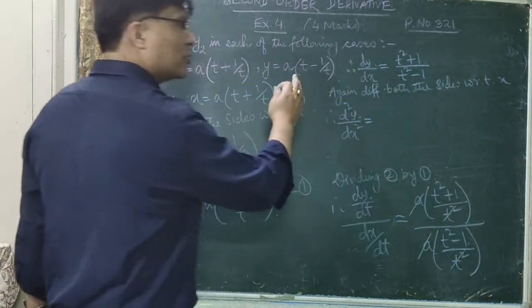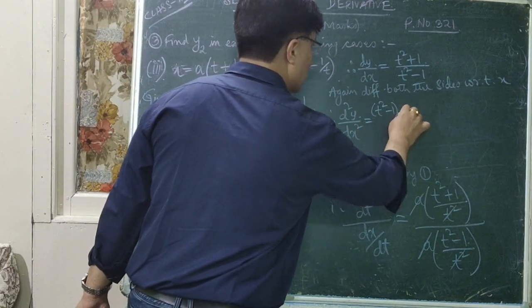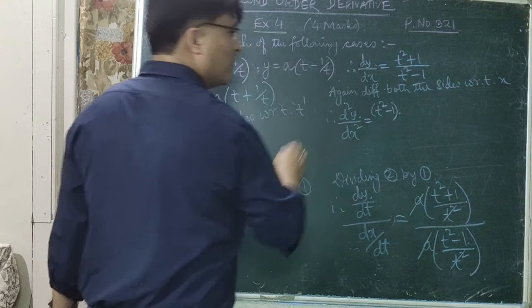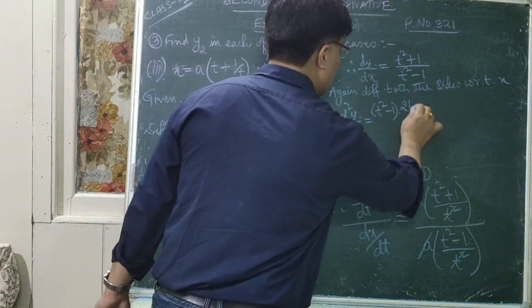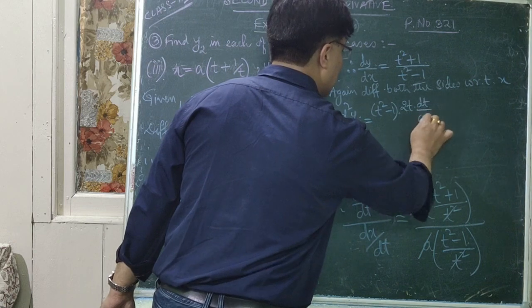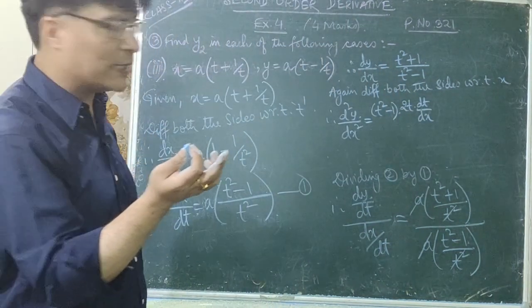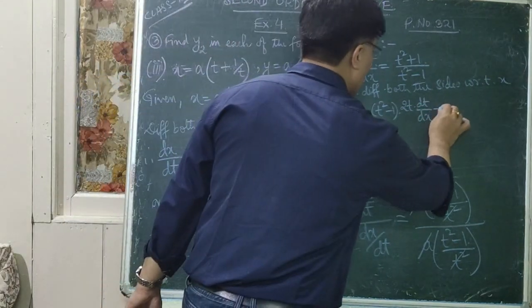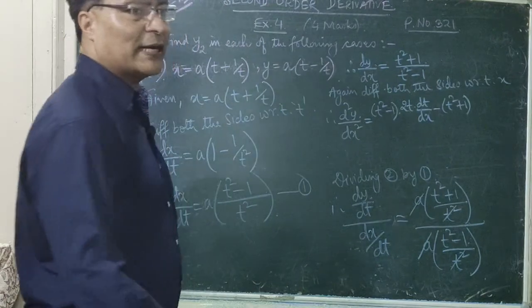So u by v rule is what: the denominator is kept as it is, that is t square minus 1 remains as it is. Now differentiate the numerator with respect to x. What do we get? 2t into dt by dx, and plus 1, for 1 it is 0, you don't have to write it, so minus sign. Again, which function is kept as it is? That is, your numerator is kept as it is.